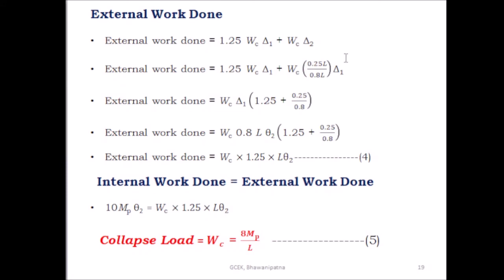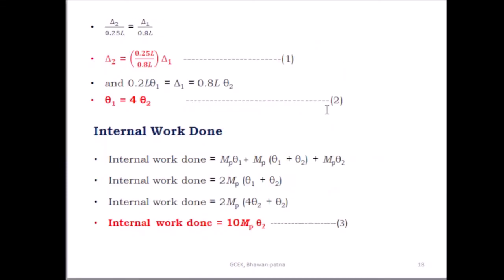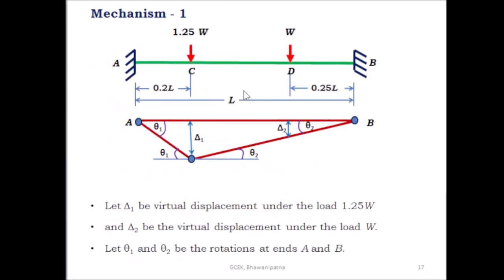Then find out the external work done. Here the load present is 1.25 W. For collapse load, we have to take WC, so 1.25 WC, and here the other load is WC. The external work done due to this load is 1.25 WC into delta 1. And the external work done due to this load is WC into delta 2.